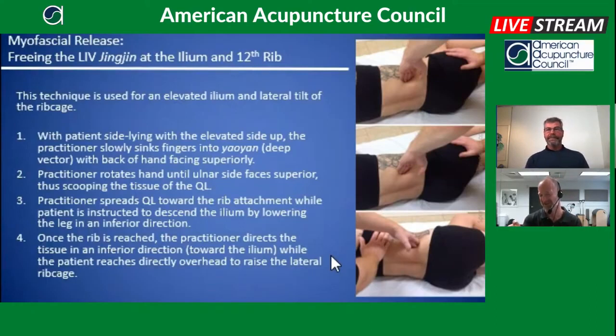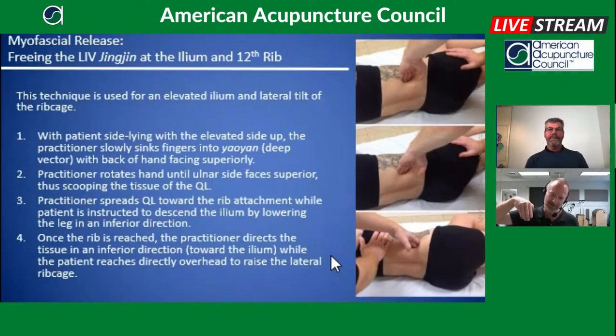You can get a needle in there, but it's hard to determine the depth because you don't know exactly where you are when you're just going perpendicular. That's why the needle technique Matt showed was going more from lateral to medial, almost the same way my finger is there, but he was showing it with the person in a prone position. So this will be very much like the needle technique, as we'll come anterior to the iliocostalis lumborum, pretty much at Yao Yan, hugged up right against the iliac crest.